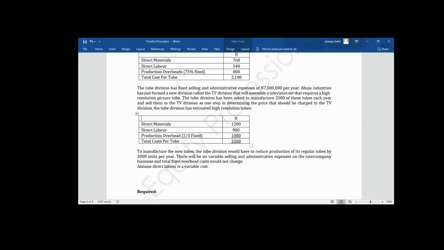If I reduce the production of existing products, that means the company will suffer reduction in contribution from those old products. That is opportunity cost, alternative forgone. To produce the new product, we must forgo 3,000 existing products. Opportunity cost is relevant to decision making.